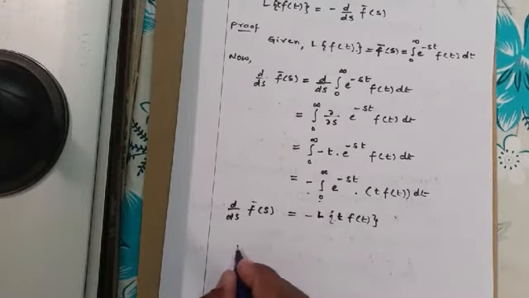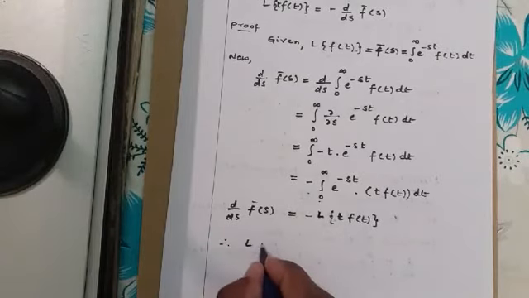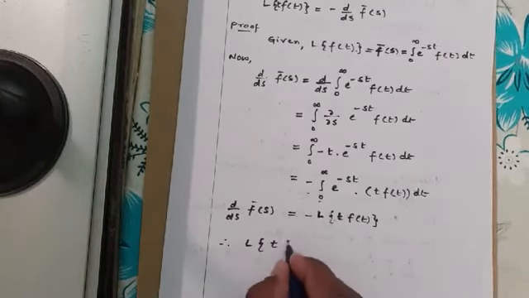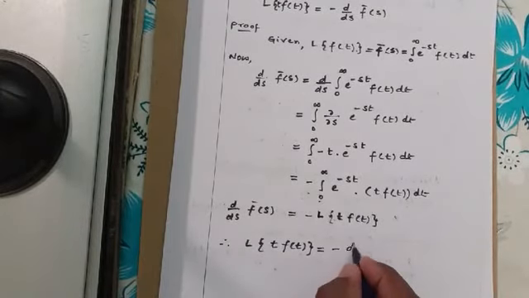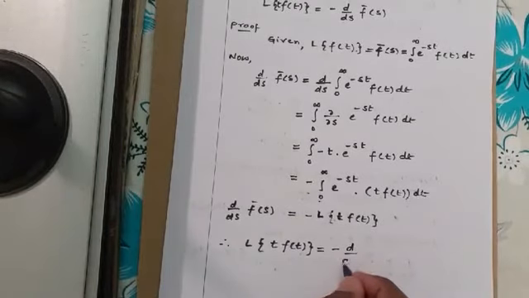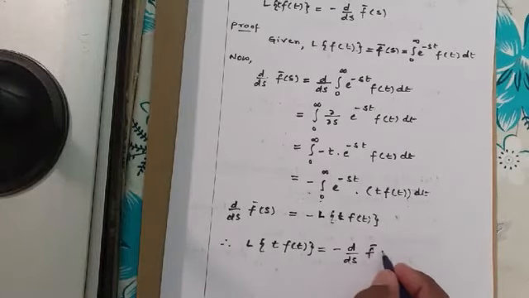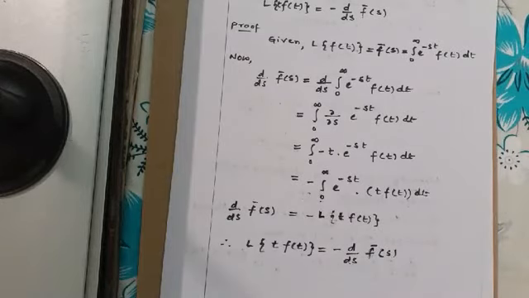So I can write this in the next step as Laplace of t into f of t is equal to minus d by ds of f bar s. Now you can see here Laplace of t into f of t, this minus I have taken to the other side and I have written here. So this is the required solution for the given proof.